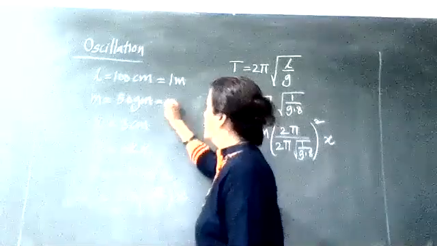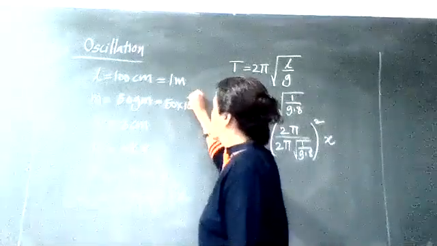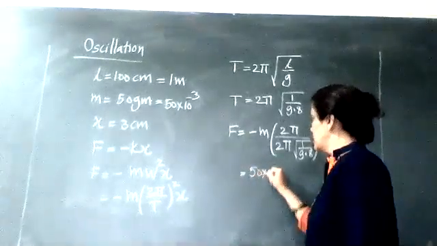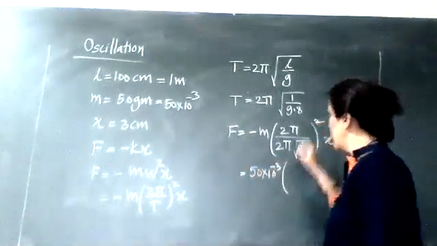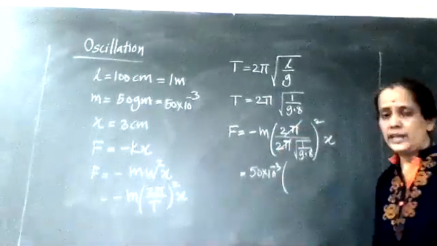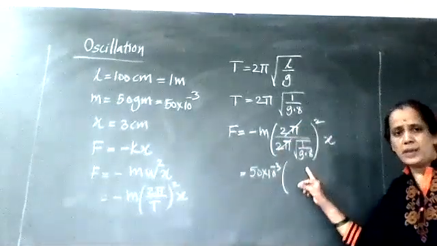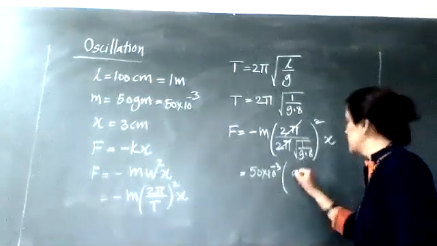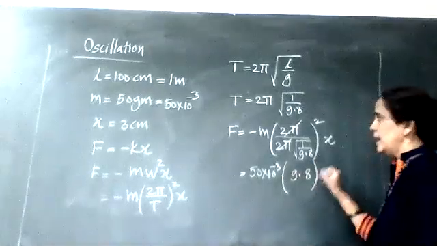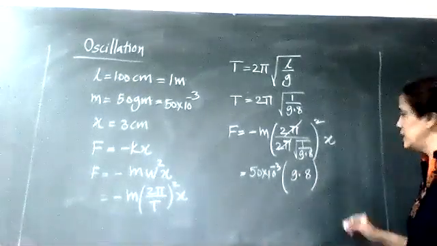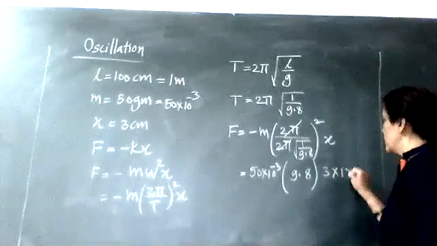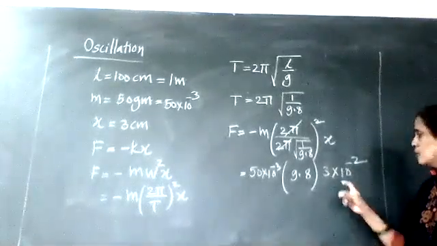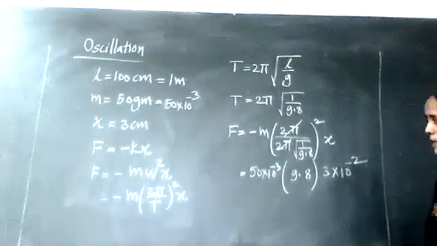So I'll write here 50 into 10 raised to minus 3, into bracket. This 2 pi factor will get cancelled. 1 divided by square root of 1 upon 9.8, square of that, so it will be multiplied by 9.8. And x value, x is in centimeter. Centimeter is to be converted into meter, so it will become 3 into 10 raised to minus 2.